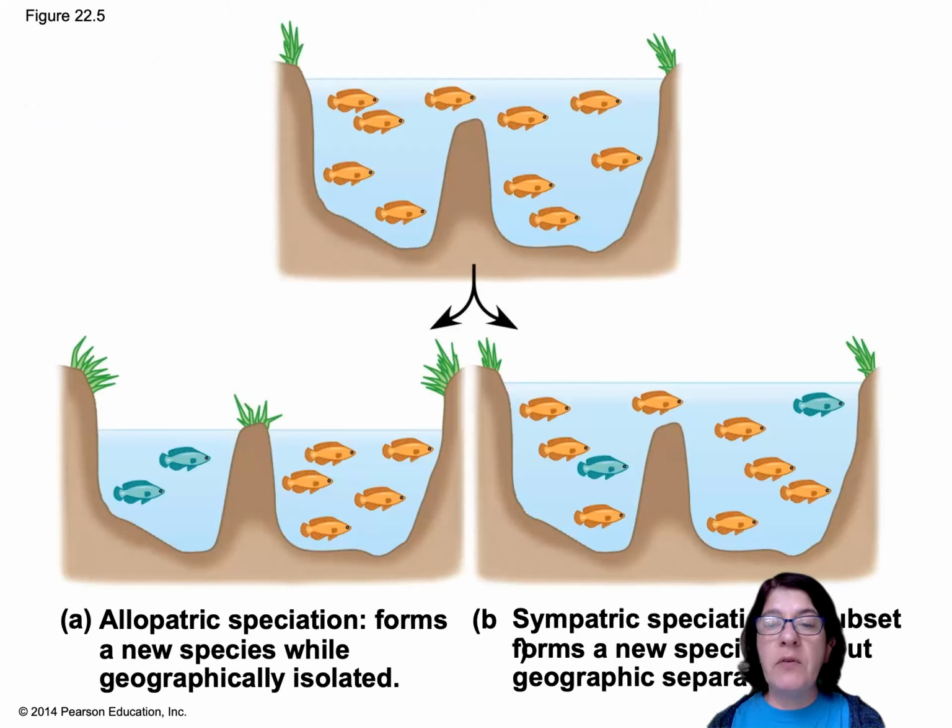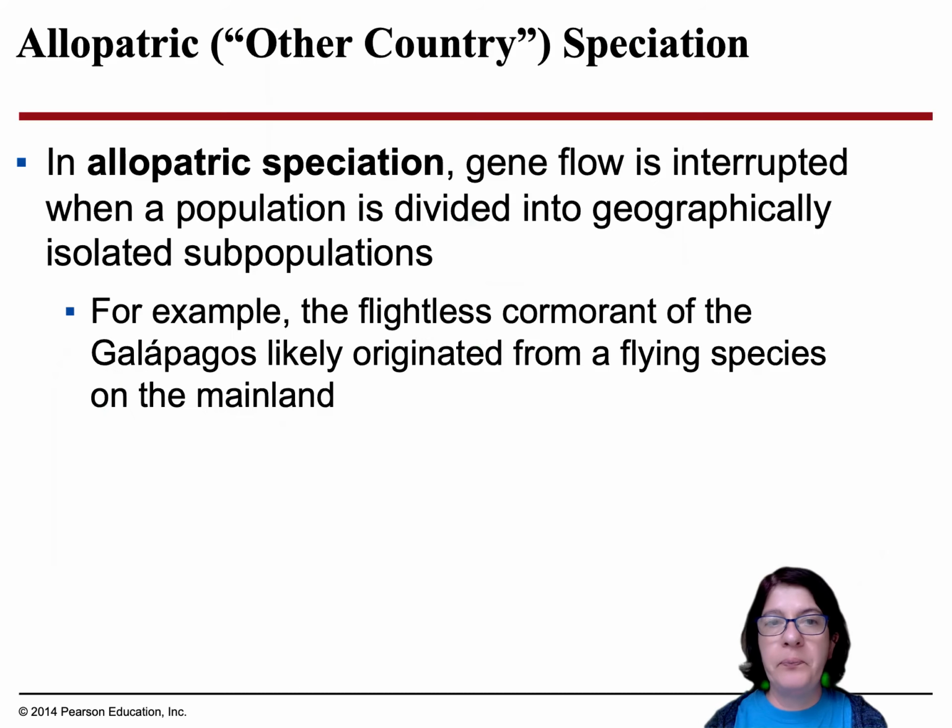Sympatric speciation forms when a new species forms within a population that is not geographically separated. So allopatric is geographic separation. Sympatric, there's no geographic separation.